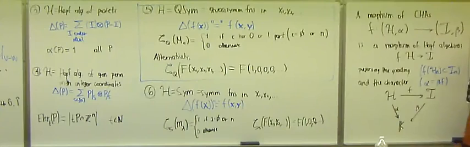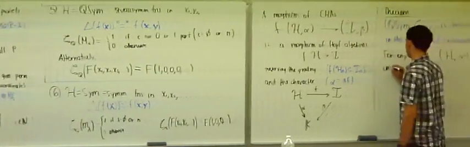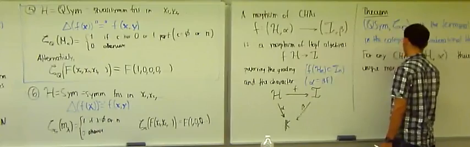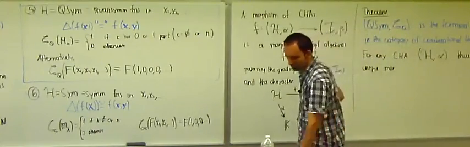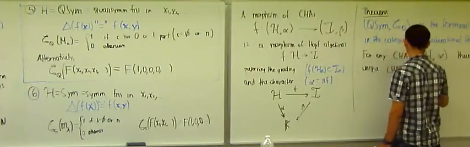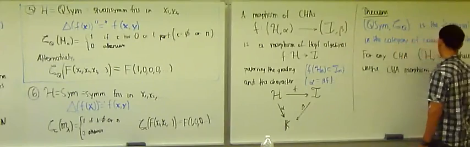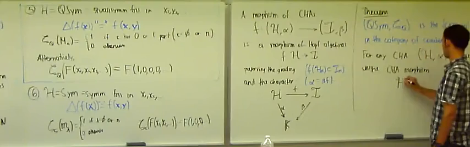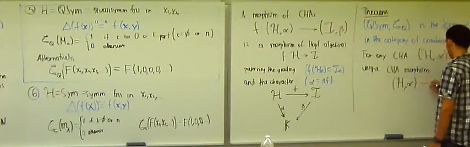So in something more English-like than this, for any combinatorial Hopf algebra, there is a unique combinatorial Hopf algebra morphism to this special one.